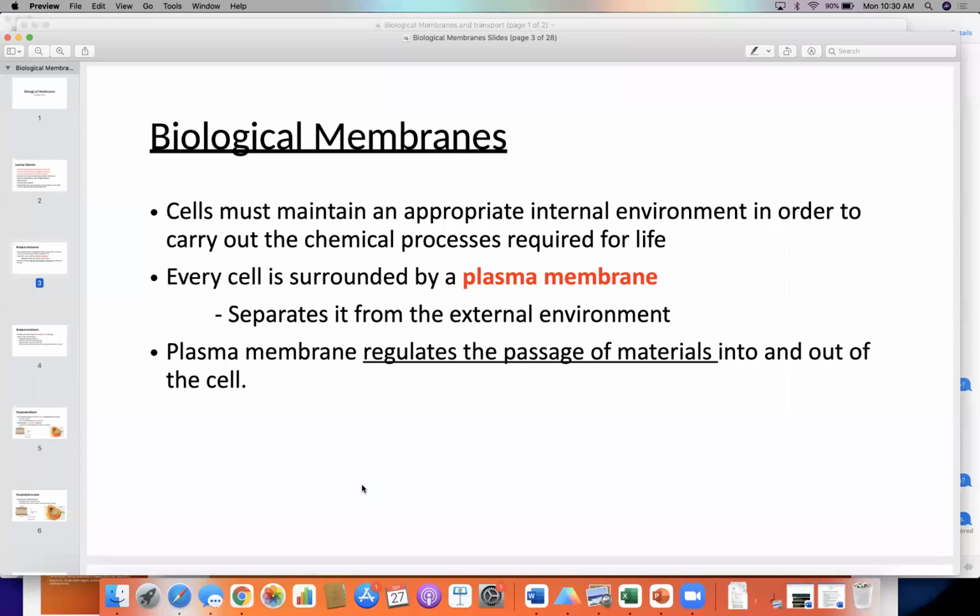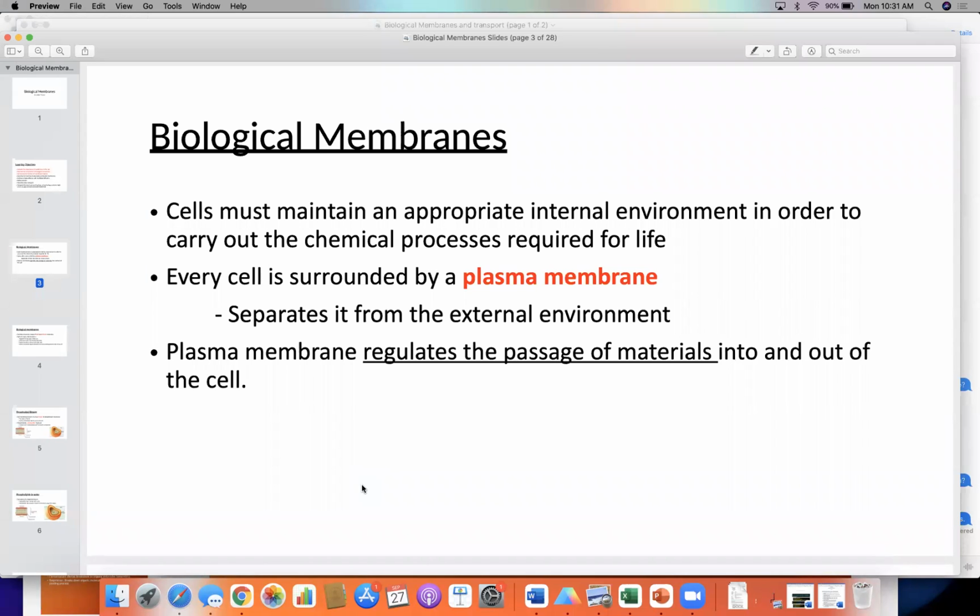Internally, it's an aqueous environment. The external environment is also an aqueous environment, but the cell itself internally has a requirement for nutrients and substances and other molecules in order to maintain that appropriate internal environment. It does have a requirement for substances, nutrients, and ions and so forth.